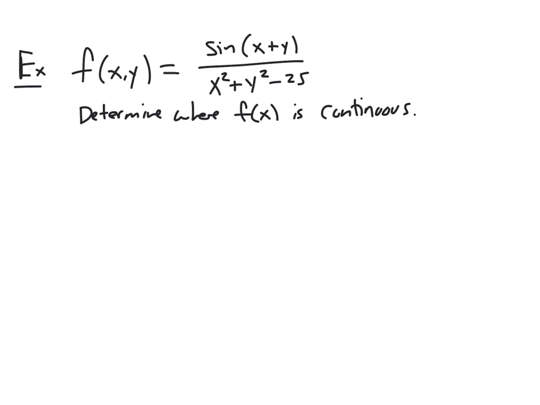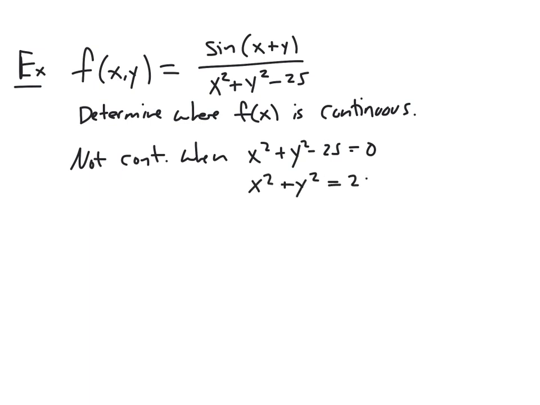So the only problem here might come from the division, the rational function part of this particular function's makeup. We know from just looking at this function that it will be continuous everywhere except when the denominator equals 0. So it's not going to be continuous when x squared plus y squared minus 25 equals 0. We can rearrange this to say x squared plus y squared equals 25.